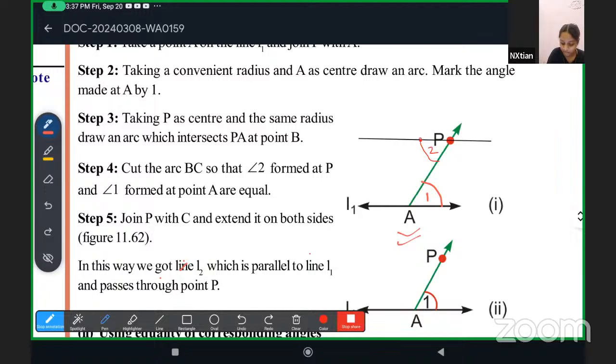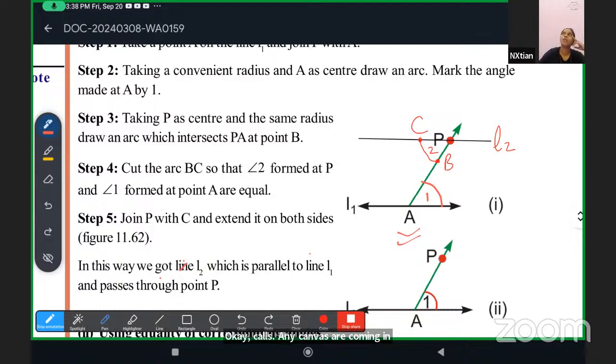So this point will be C and this point will be P. And this line is L2. So this is how we can make it with a compass. And what angles are forming in between? Alternate angles are forming in between them.